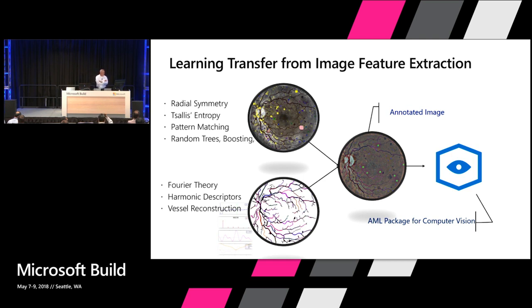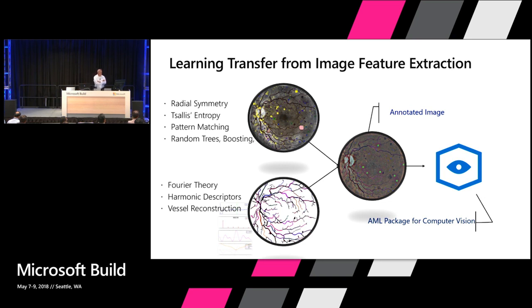And there is some hard math theory like blood vessel reconstruction with Fourier theory and harmonic descriptors. All that is packed into one image that I call an annotated image, where the regions having the highest probability of having a lesion are highlighted onto the normalized image.